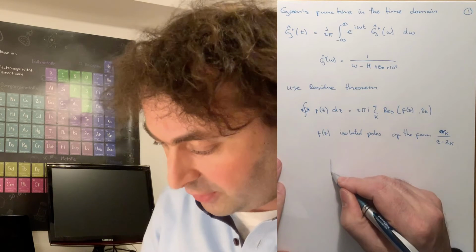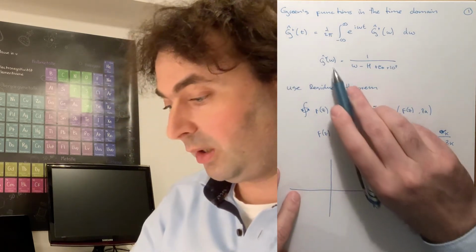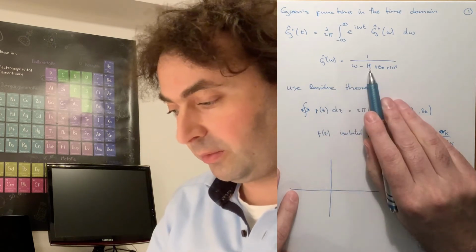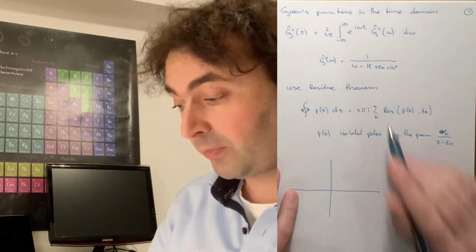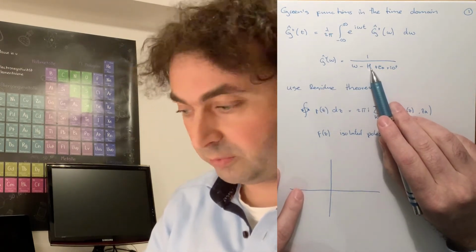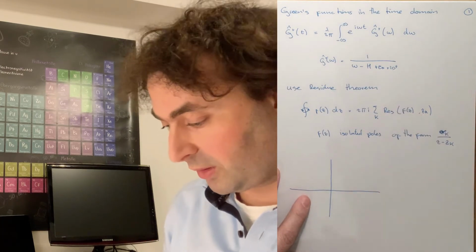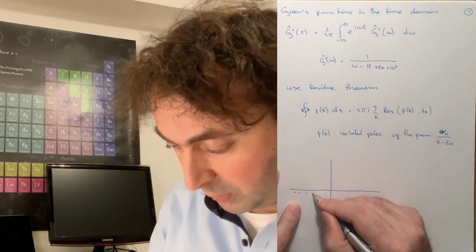Now in our case, we have in the complex plane our Green's operator, which has poles wherever the Hamiltonian has its eigenstates, and as our Hamiltonian is Hermitian, the eigenvalues are all real, so we have poles slightly below the real axis. So this is where our poles are.